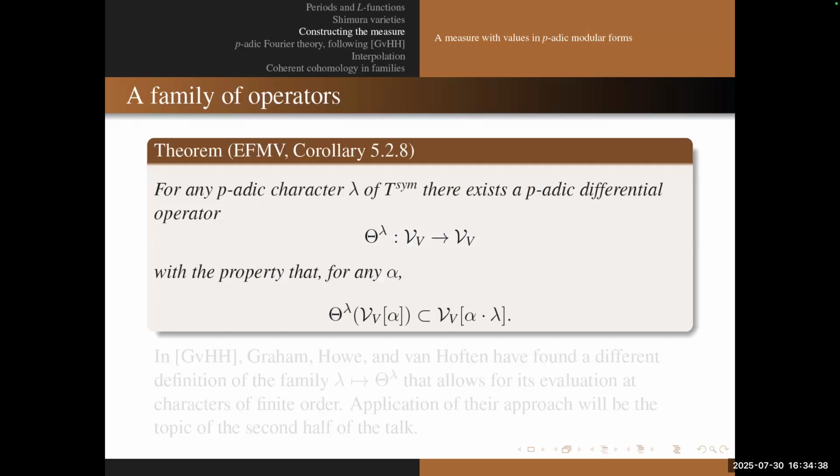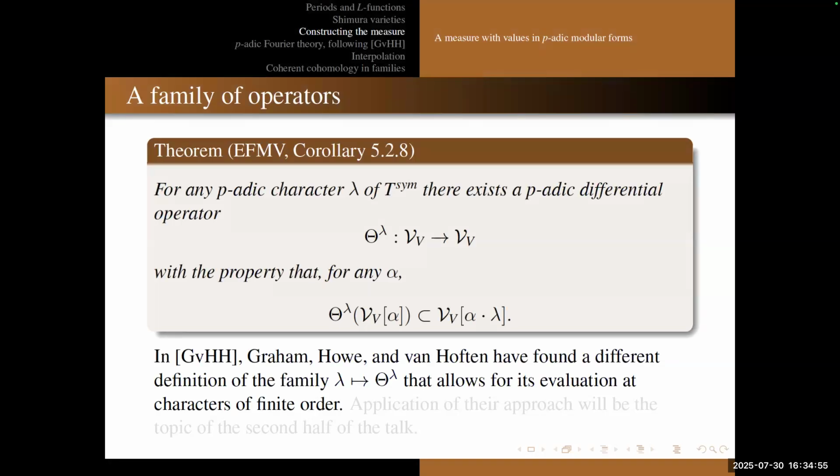So here's the story. For any p-adic character, there exists a p-adic differential operator with the property that when you apply it to modular forms of p-adic weight alpha, you get a p-adic modular form of p-adic weight alpha times lambda. Now, there is a different construction in the paper that I mentioned that allows for its evaluation at characters of finite order.